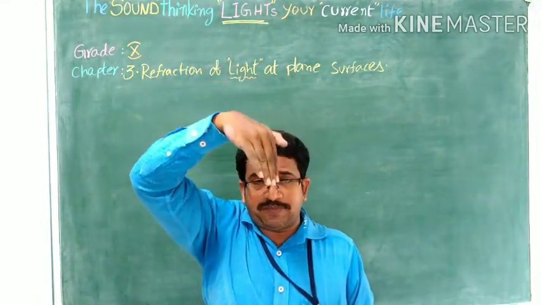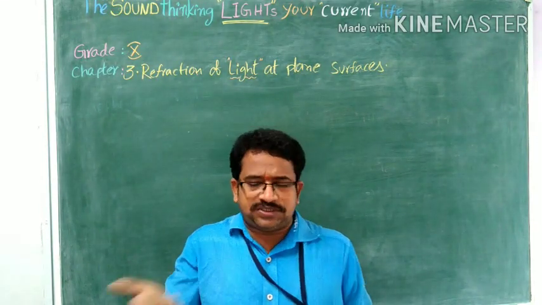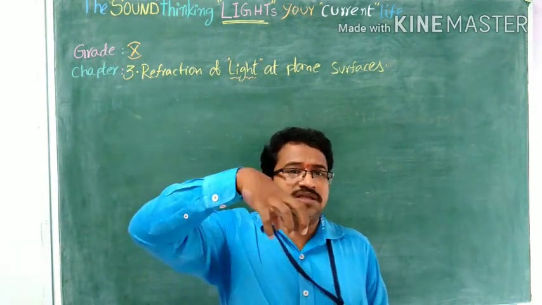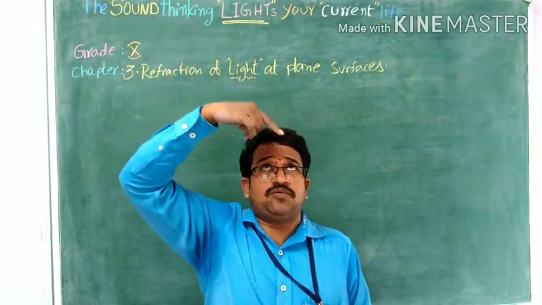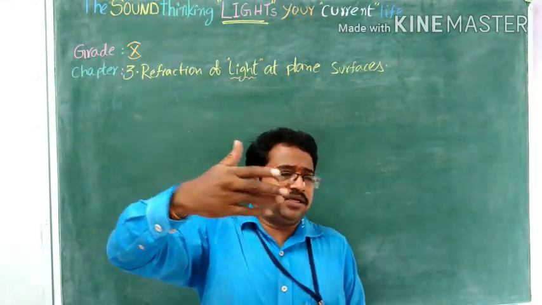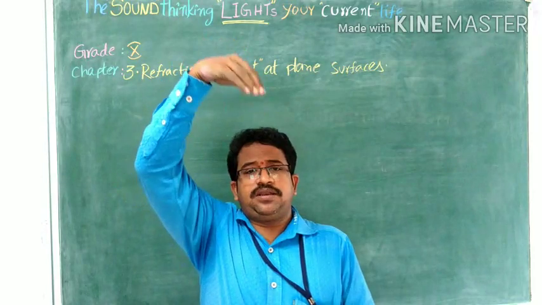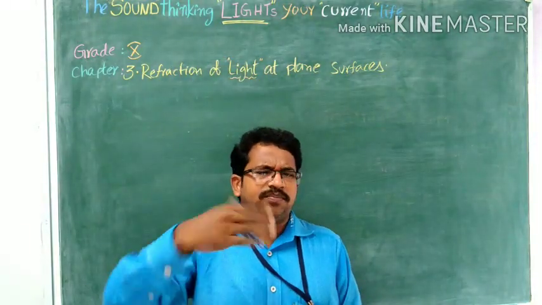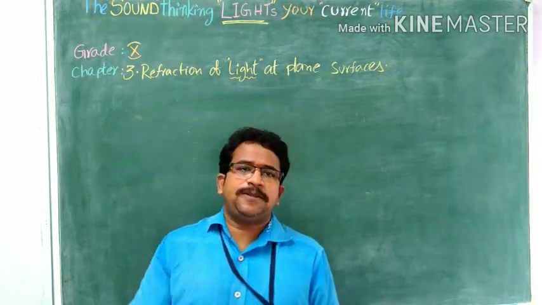When the light is moving perpendicular, there is no deviation. When there is no deviation, only the apparent depth changes, but there is no bending. They are moving straight. So the light coming overhead from a planet or a star won't tilt, because it is perpendicular. So applicative questions like that may come, but you should be capable to answer if you learn the concept.